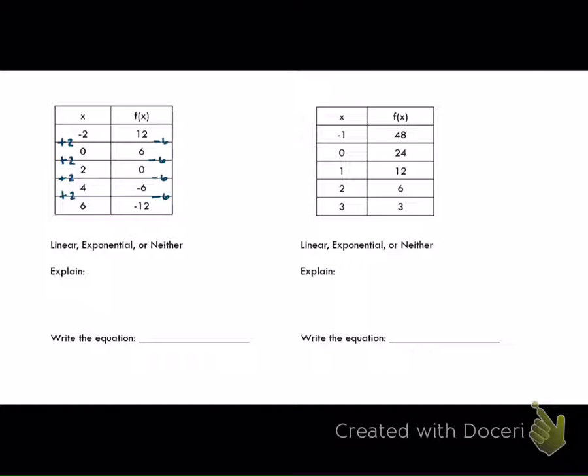So that's what makes it linear, because it has a constant addition and subtraction on both the x and y. So the x values add 2 each time, while the y values subtract 6.